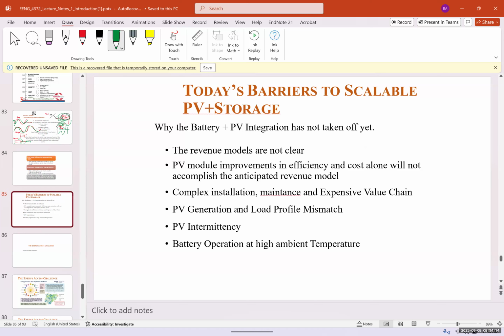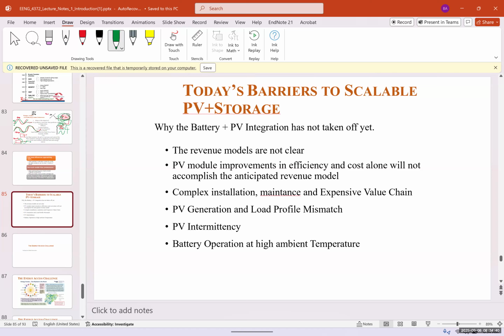And these are some barriers to scalable PV storage systems that we currently have. These are the reasons that PV plus battery systems have not taken off yet. We have solar systems that are grid connected, but they usually don't have a battery package connected to them because the battery component is very expensive.